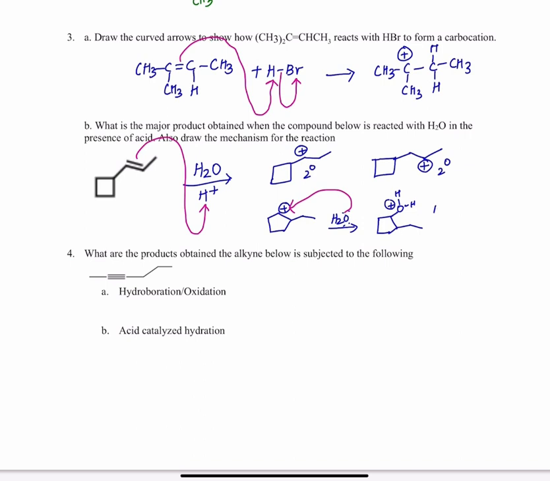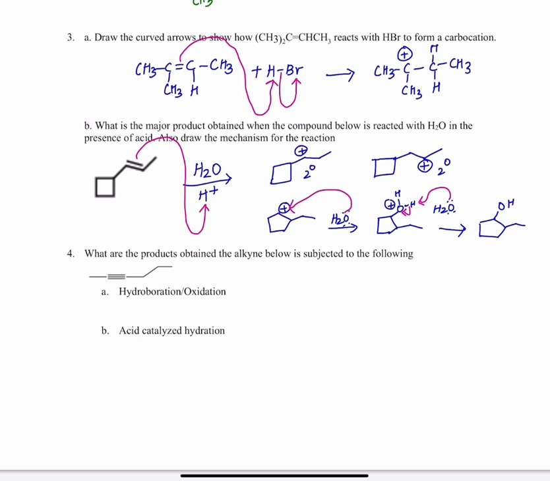And then another molecule of water will go and abstract this hydrogen to neutralize that positive charge to get our final compound, which is an alcohol. So this would be the major product because it is the most stable structure, right? Like you have the 5-member rings to be the most stable structure.